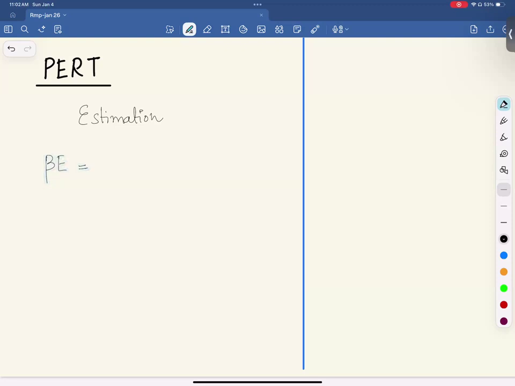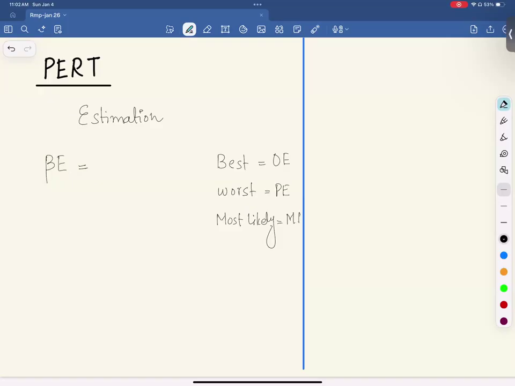In beta estimate, what we do is we take three different estimates: your best case scenario, your worst case scenario, and most likely or balanced situation. Best case scenario is called optimistic estimate. Worst case is pessimistic.